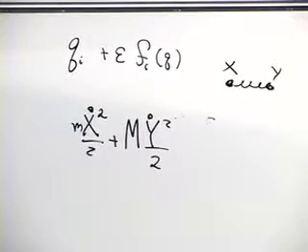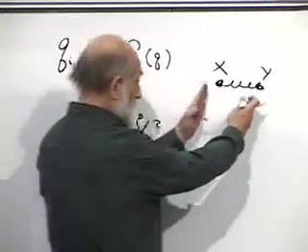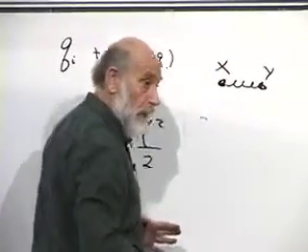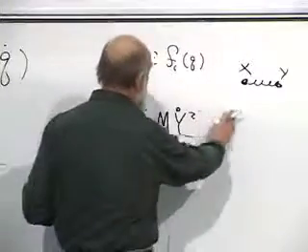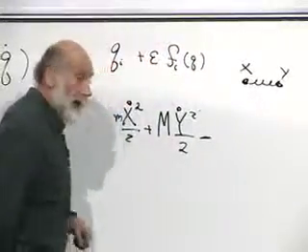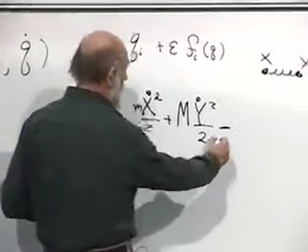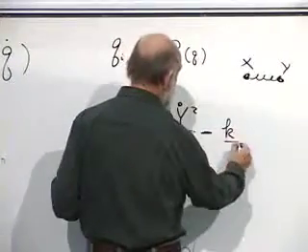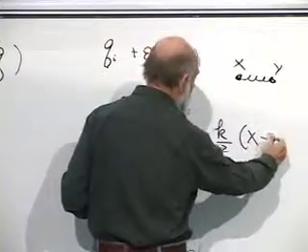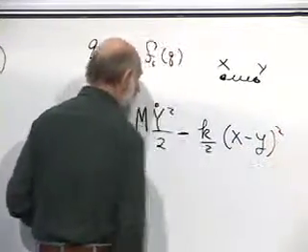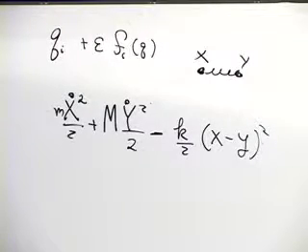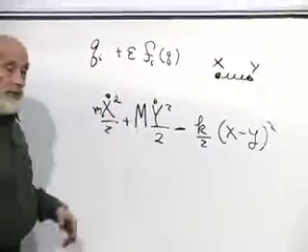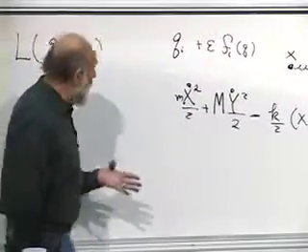The potential energy only depends on the distance between x and y. Depends on how much the spring is stretched. And so the potential energy, which goes into the Lagrangian with a minus sign, of course, is going to have a spring constant, k over 2, and it's going to have x minus y squared. Okay? Now I assert that there's a symmetry. The symmetry is to add to x and y, each of them, the same amount.